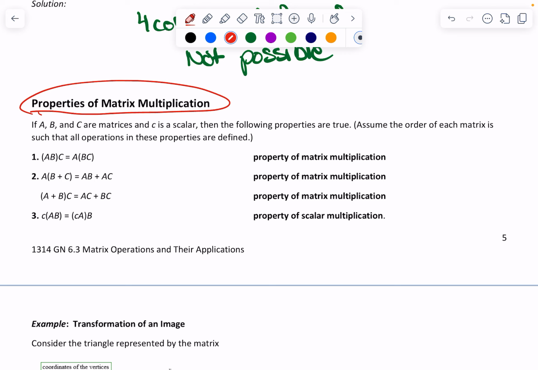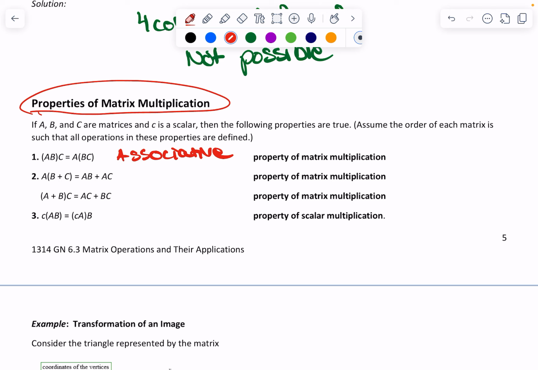We're first multiplying A times B, and then multiplying that matrix by C. That is the same thing as if we multiplied first B and C and then A. And this is the associative property of matrix multiplication.